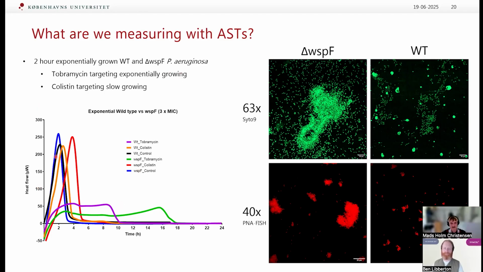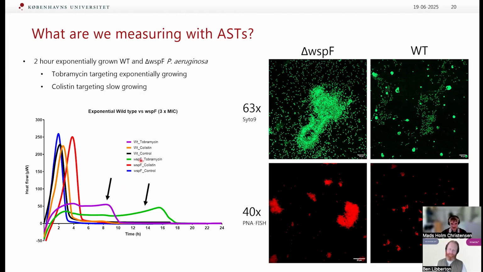And for this heat flow thermogram down here, the cultures have been exponentially growing for 2 hours before we started to treat them. And as you can see, looking at the purple and the green heat flow curves, it doesn't matter if it's the wild type or the mutant that produces a lot of biofilm.